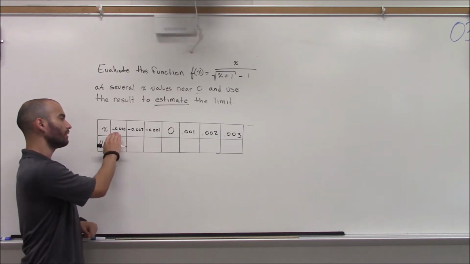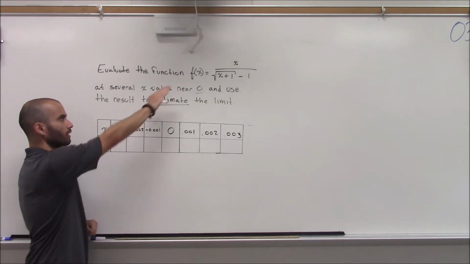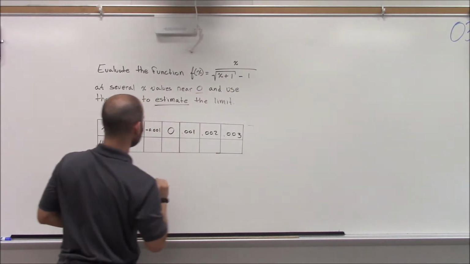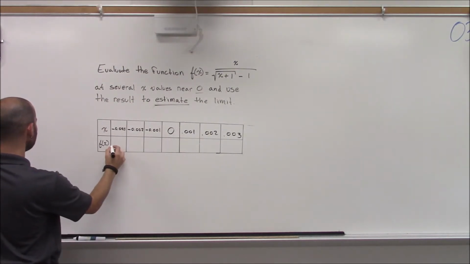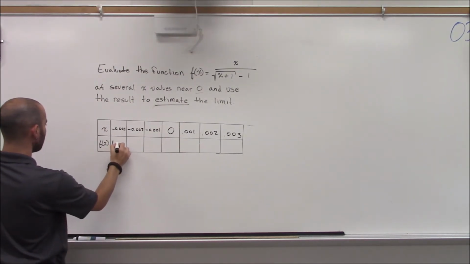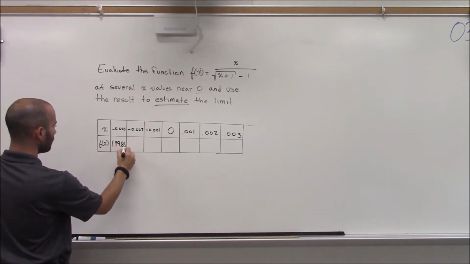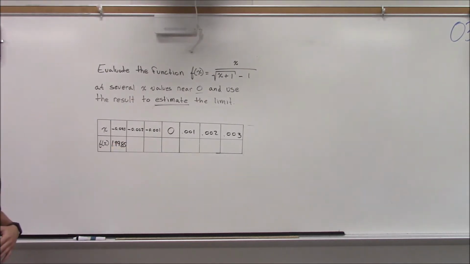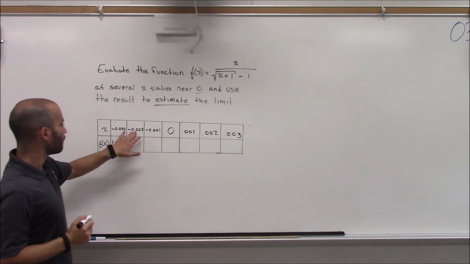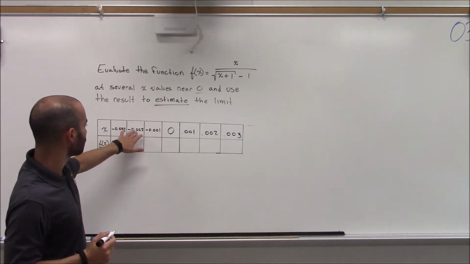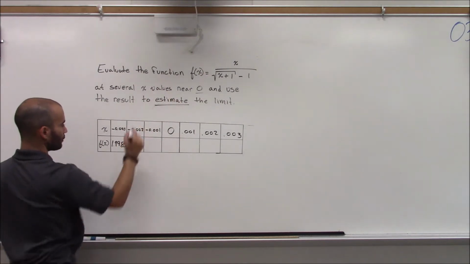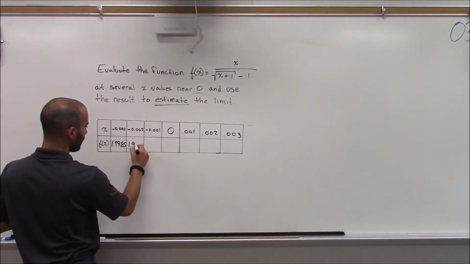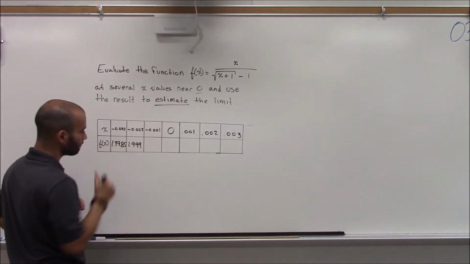So when I plug in negative 0.003 into this function, I get the value 1.9985. If I plug in negative 0.002 into the function, I get 1.999.